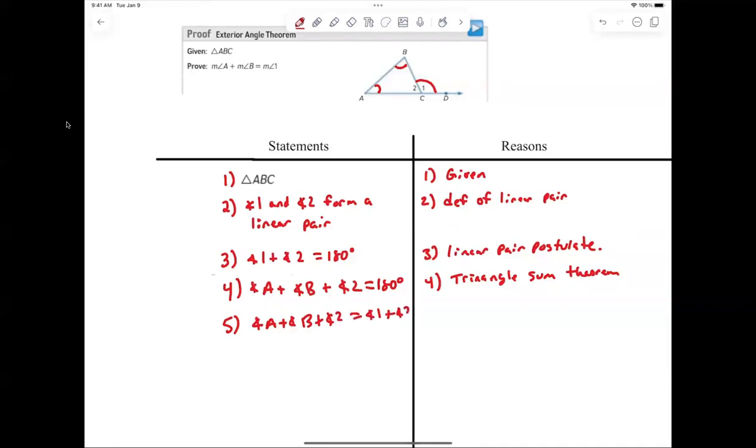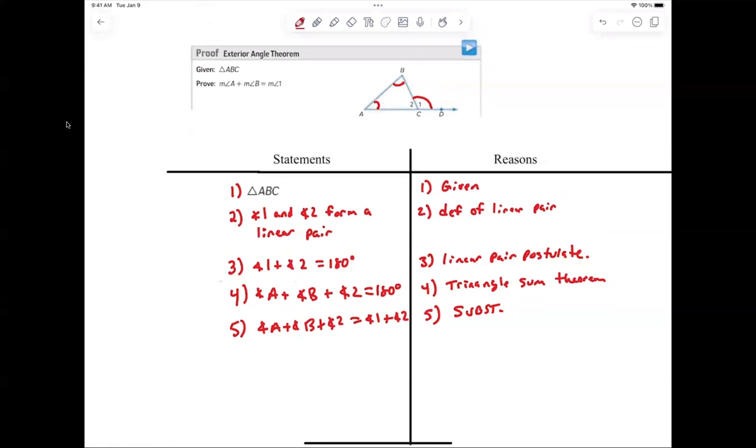That's correct. Why is that? Because they're supplementary. Good job. Substitution. That is a substitution. They're both equal to 180, therefore they're equal.